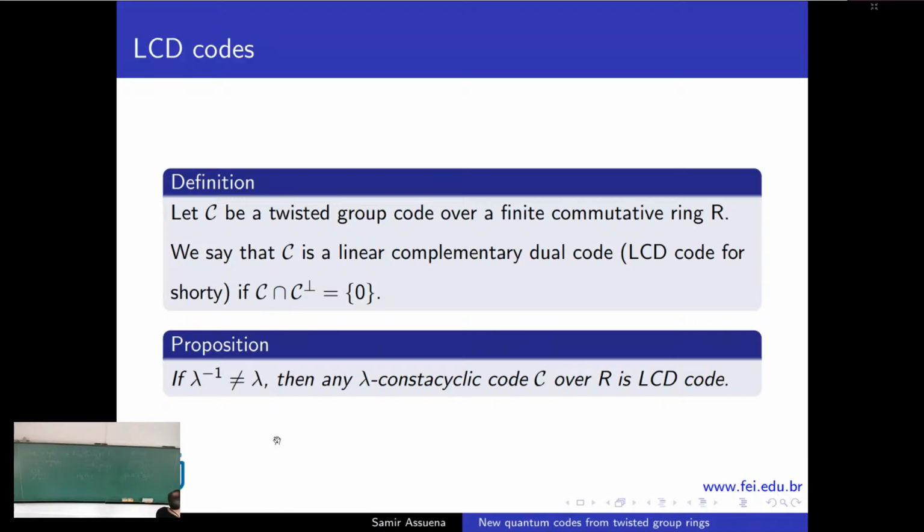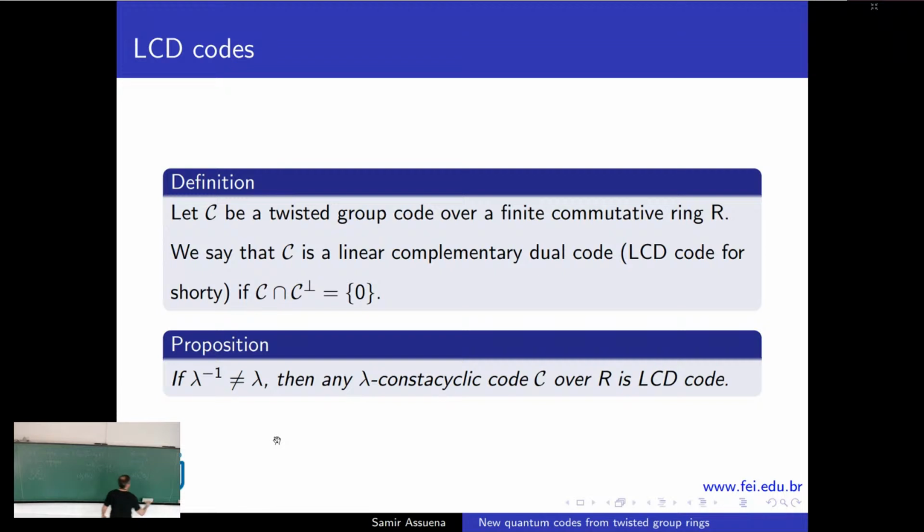We have a very nice proposition. If lambda minus 1 is different from lambda, any lambda constant cyclic code over a finite commutative ring is LCD. So in fact, in order to obtain very different nice codes or good codes, we have to put the condition lambda squared equals 1.